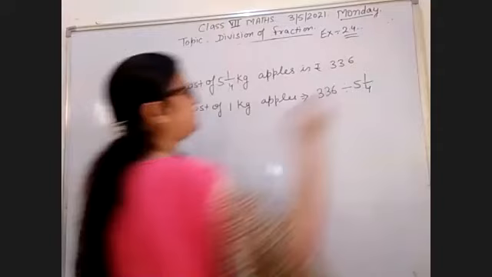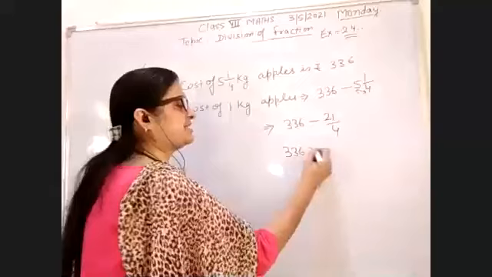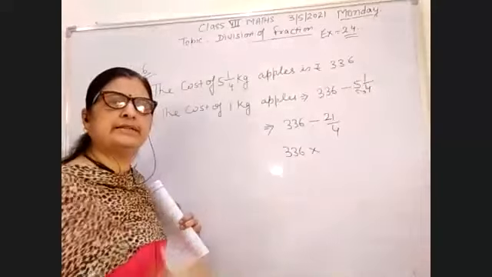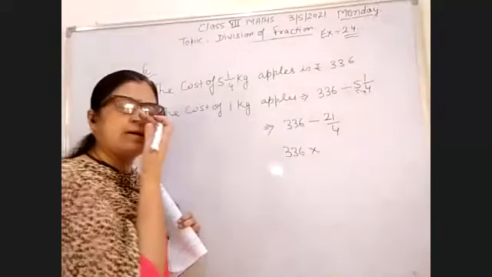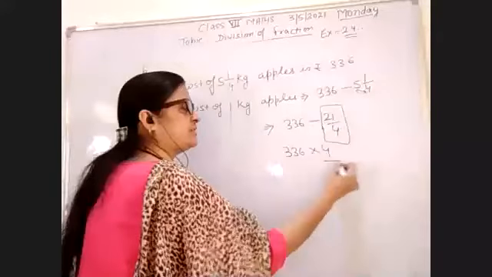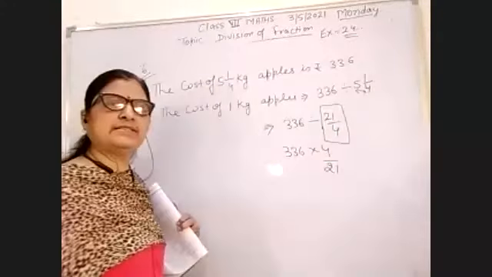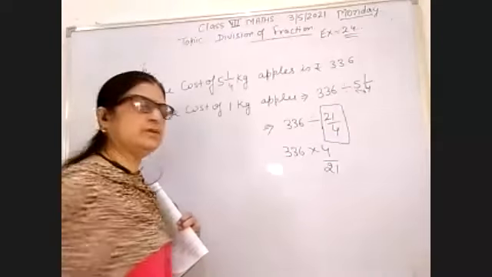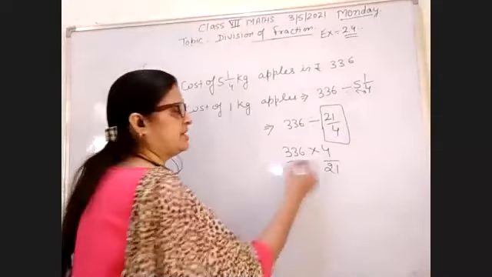First you have to change it into the improper fraction. 4 5ja 20 plus 1, 21/4. Now when the divide sign is given, you first change it into multiply, then you take the reciprocal of 21/4. When you take the reciprocal of 21/4, it is equal to 4/21. Now you have to divide 3.